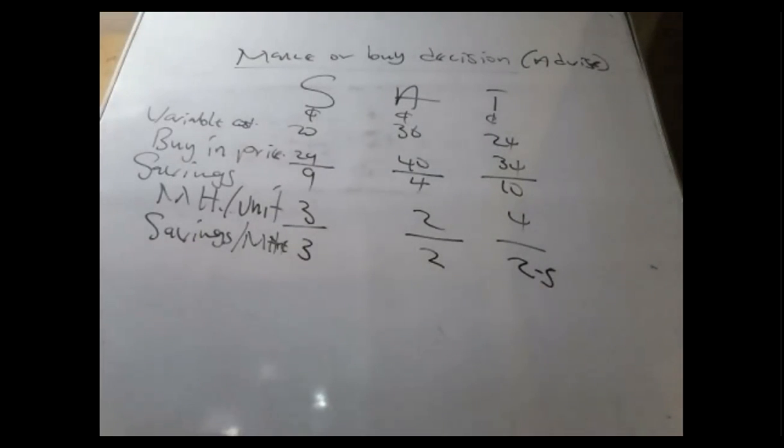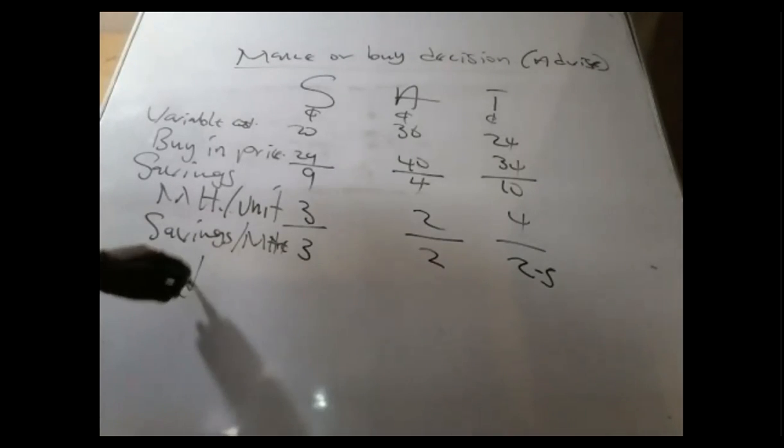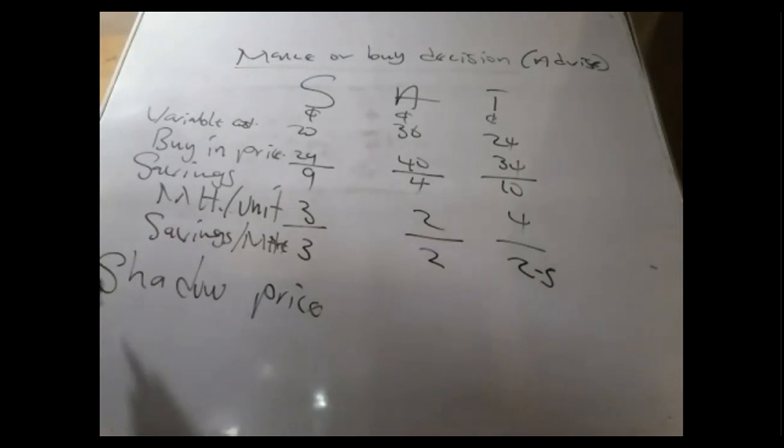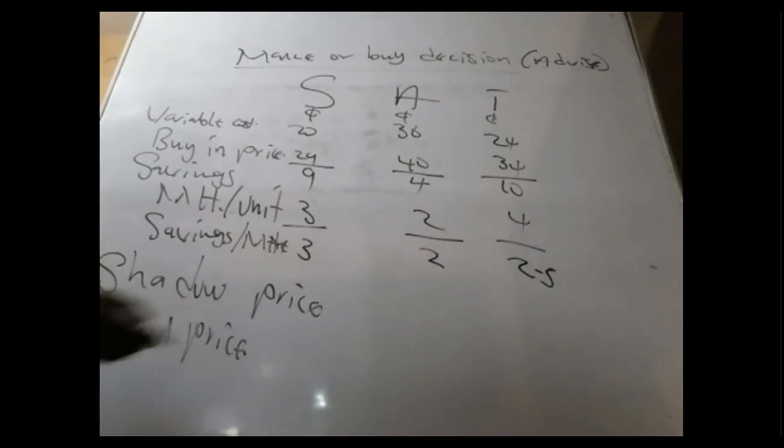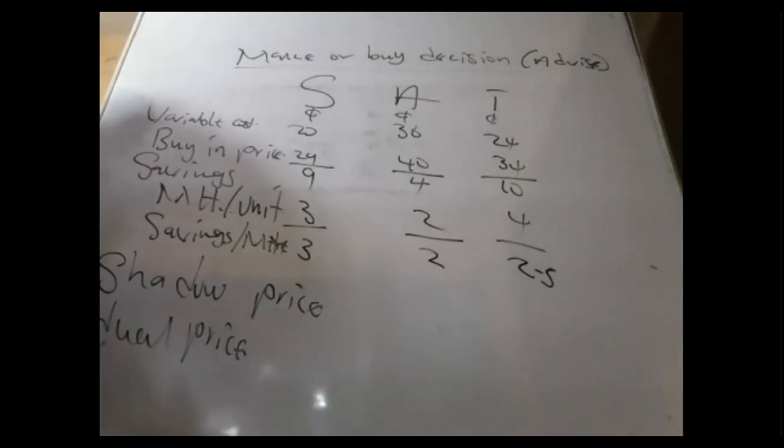So if you're a production manager, which of the products would you advise them to produce more? Don't forget, anytime the examiner asks you for the shadow price, they've asked before, I think last sitting. Shadow price, we can also refer to as a dual price. We call it marginal profit.